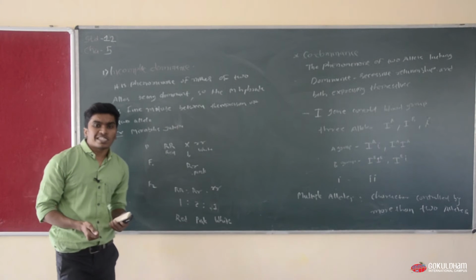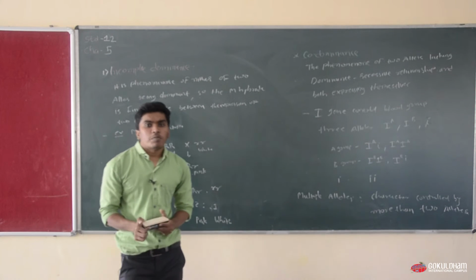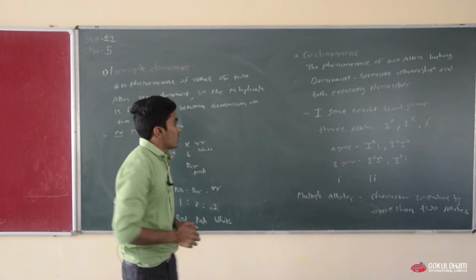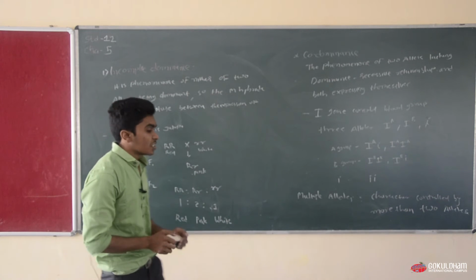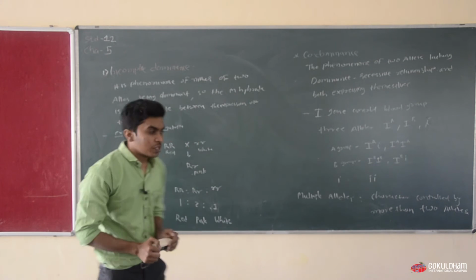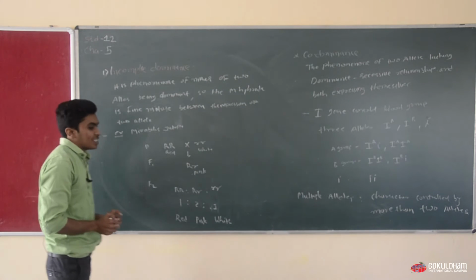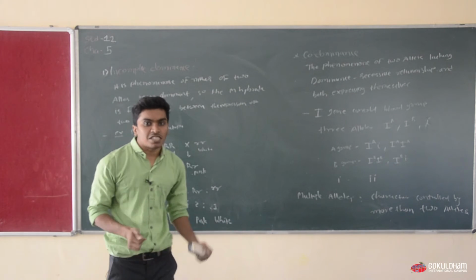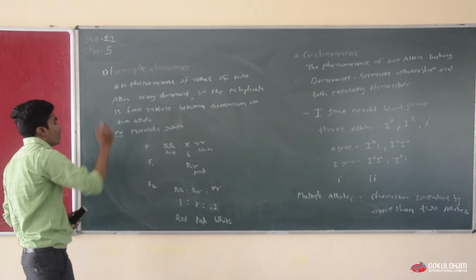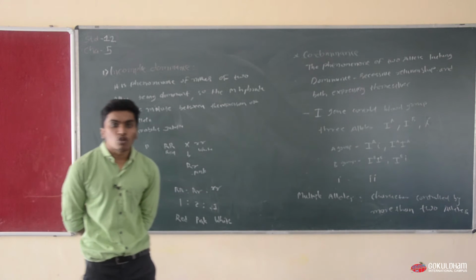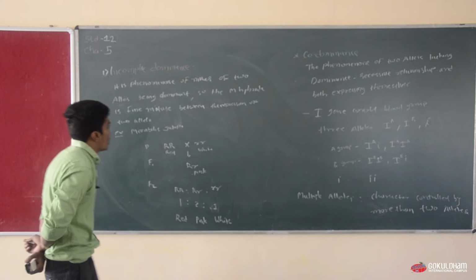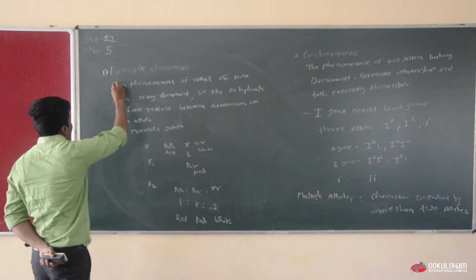So the next point is the limitations of Mendelism. There are certain limitations of Mendelism, of which we will discuss 3. First one is incomplete dominance. The word itself says everything: in incomplete dominance, the dominant allele is not capable of dominating a recessive allele. Let's see what incomplete dominance is.